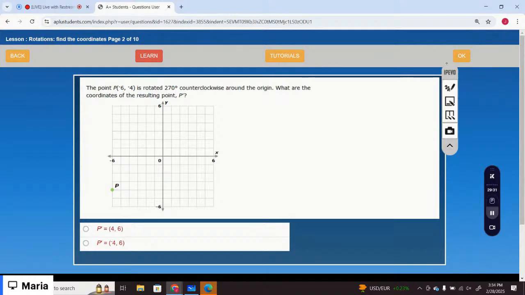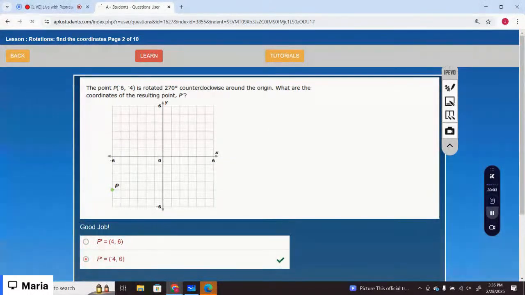Here is the point P. It would be (-4, 6). Option number 2 is the correct option.